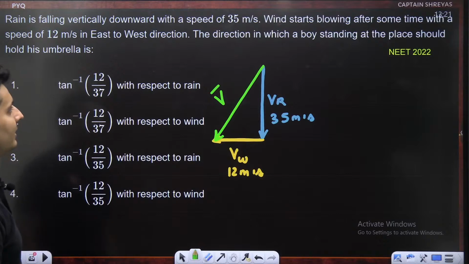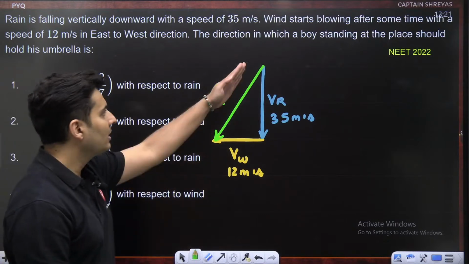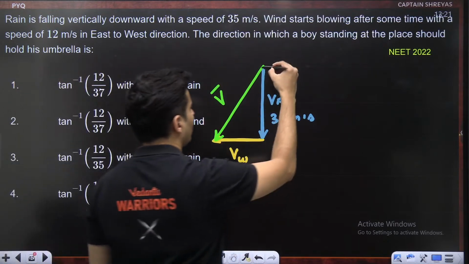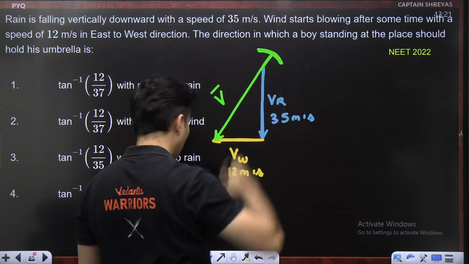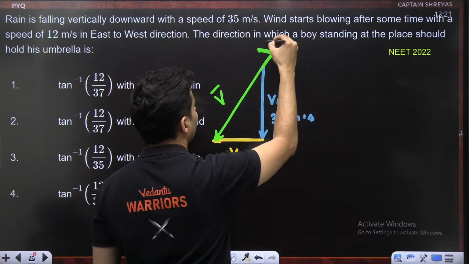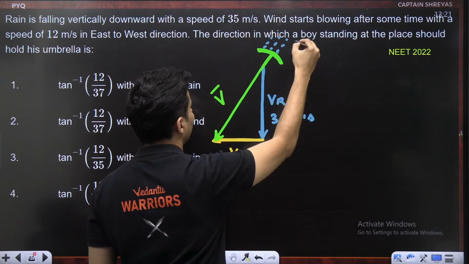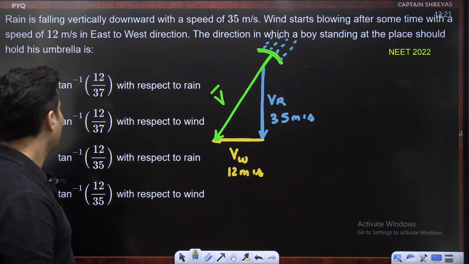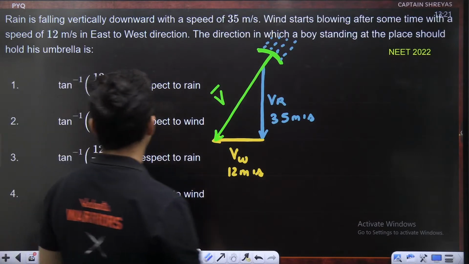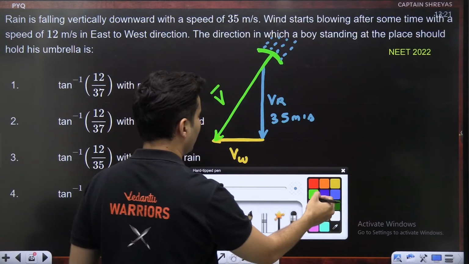The direction in which a boy standing should hold the umbrella, because if you hold the stick of the umbrella like this, you will be safe because you will see the rain coming towards you in this direction because the wind has added some velocity to the rain. That's all. So the question will be, with what angle will you hold the umbrella?